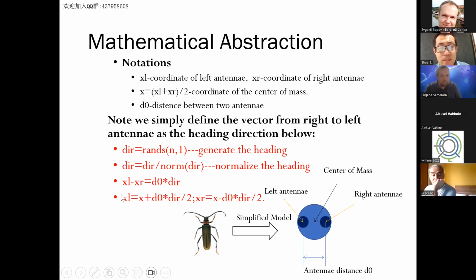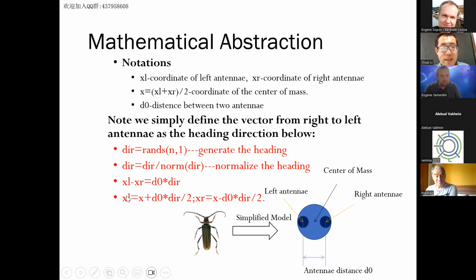So XL is the location of the left antenna. XR is the location of the right antenna. D0 is the length of the antenna. Therefore, left antenna location minus right antenna location will be equal to D0 times dir, which represents direction, right? D0 only represents the length of the straight line from the left to the right antenna.